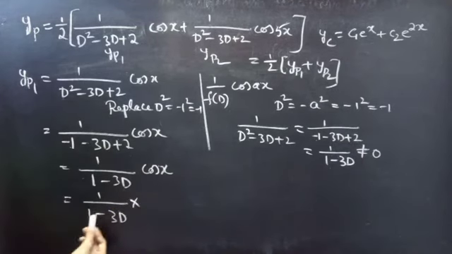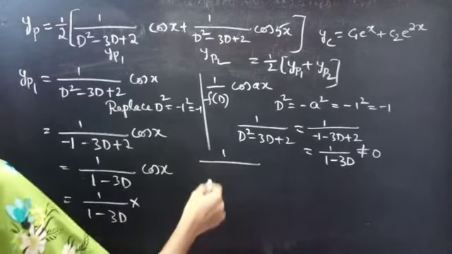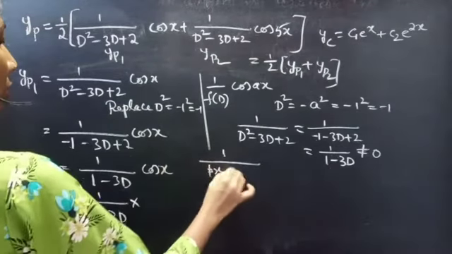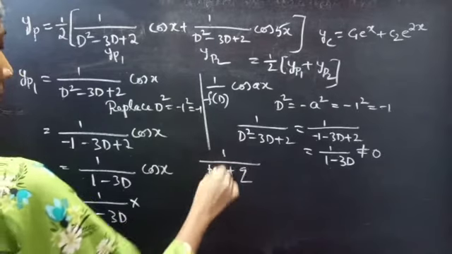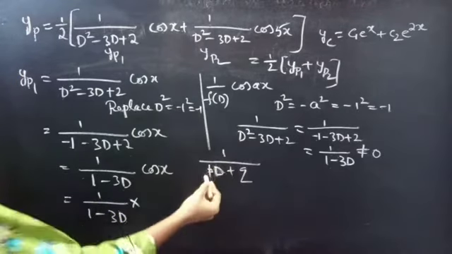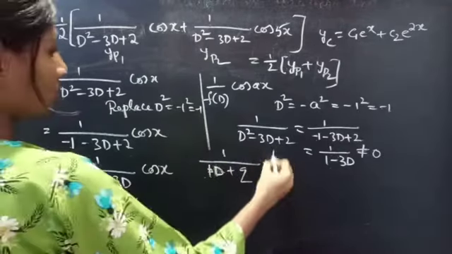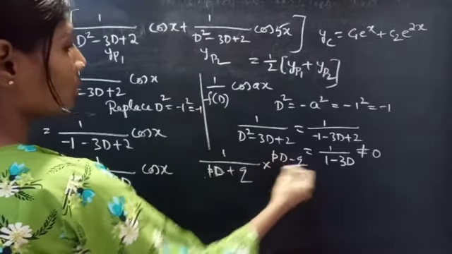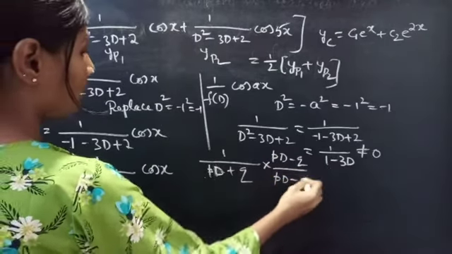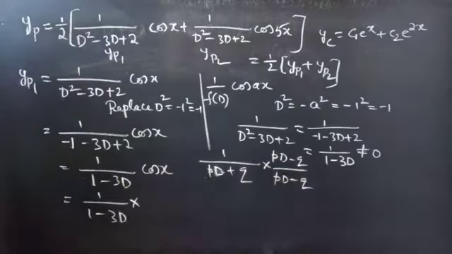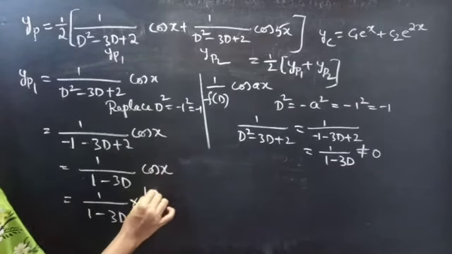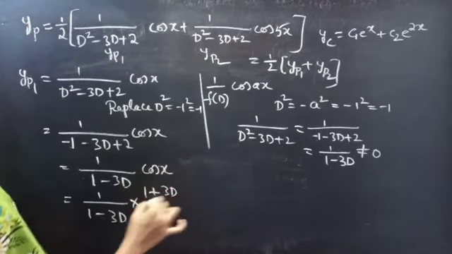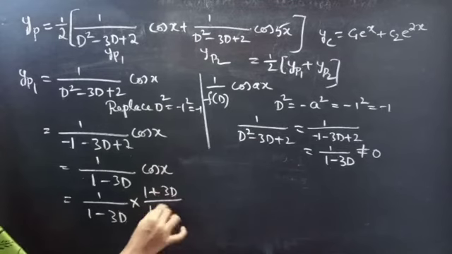Now what we'll do is, see in the denominator we have 1 minus 3D, or simply in the denominator we have something in the form pD plus q. Then we'll just multiply and divide by pD minus q. So here, multiply and divide by 1 plus 3D.